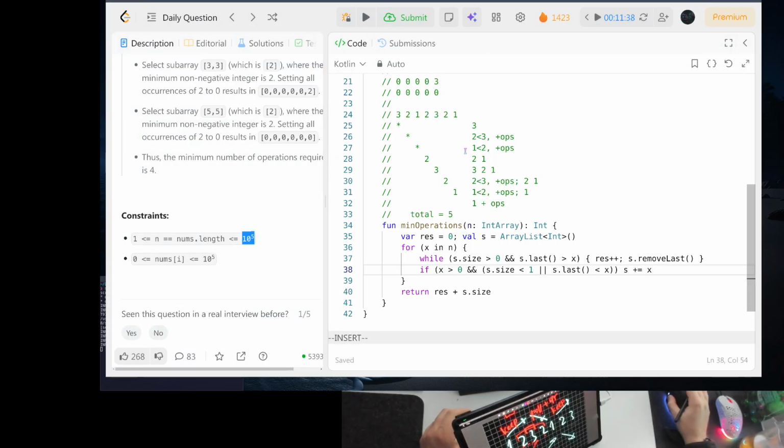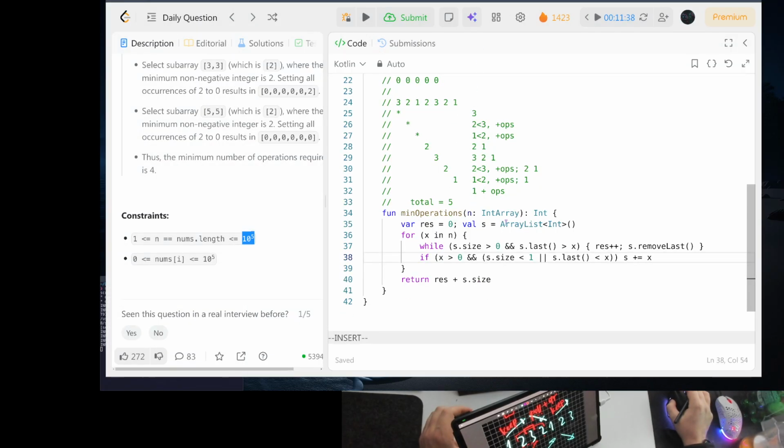So this solution is called a monotonic stack or monotonic queue. It's just a pattern. You keep the numbers and you remove the numbers if they are bigger.